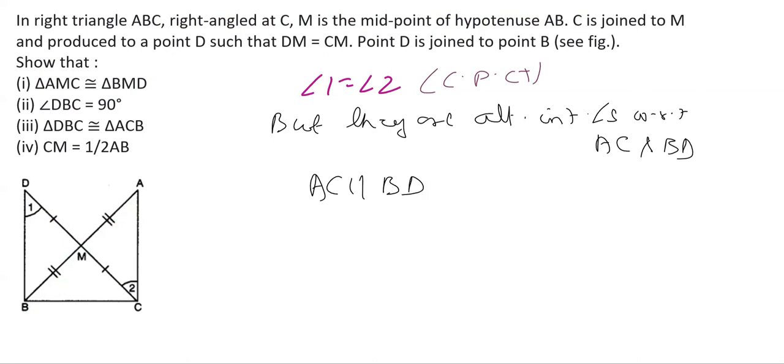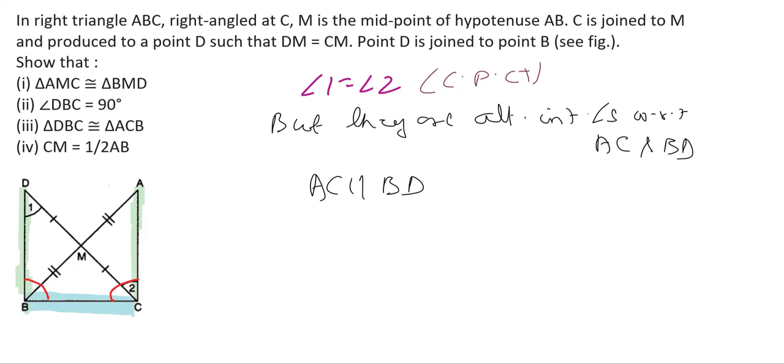Now, why are we proving these two lines parallel? As we know, the co-interior angles are supplementary. If we prove this line is parallel to this one, with BC being the transversal, can we say that this angle and this angle are co-interior angles and they are supplementary?